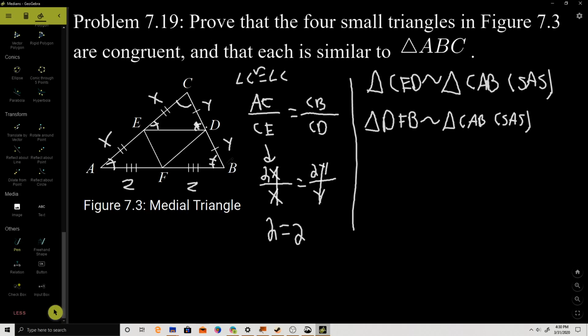And similarly, you can show with the same logic that we used for the first part that triangle AEF is similar to triangle ACB. Side angle side.